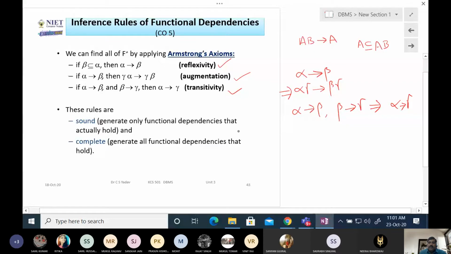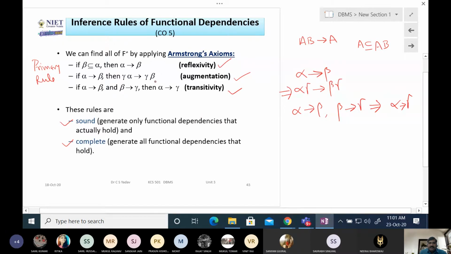These rules are called sound and complete. These are the main rules. We can say that this is the primary rule. If you all know these three rules, then you can derive rest of the three rules, and that rules are called secondary rule.